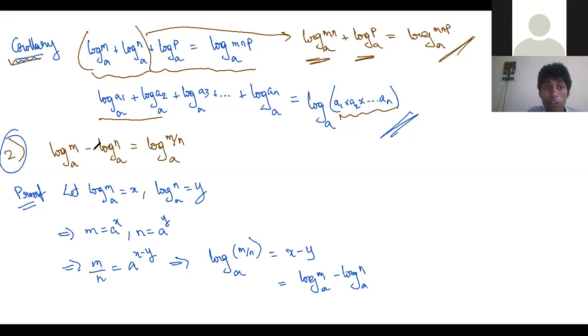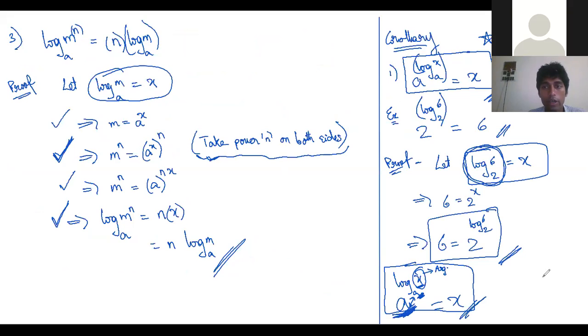The second law says that if you subtract them, they get divided. The proof is exactly the same as the first one. Does anyone have any more doubt here? No, sir. We are going ahead.